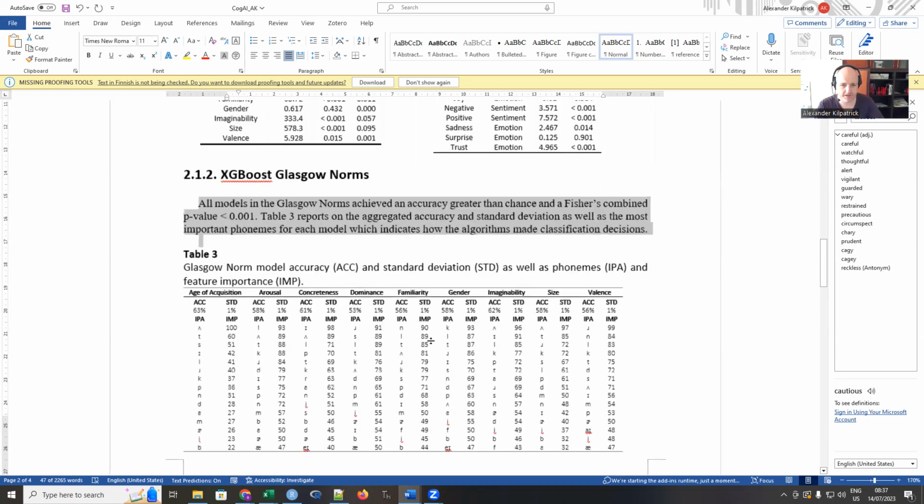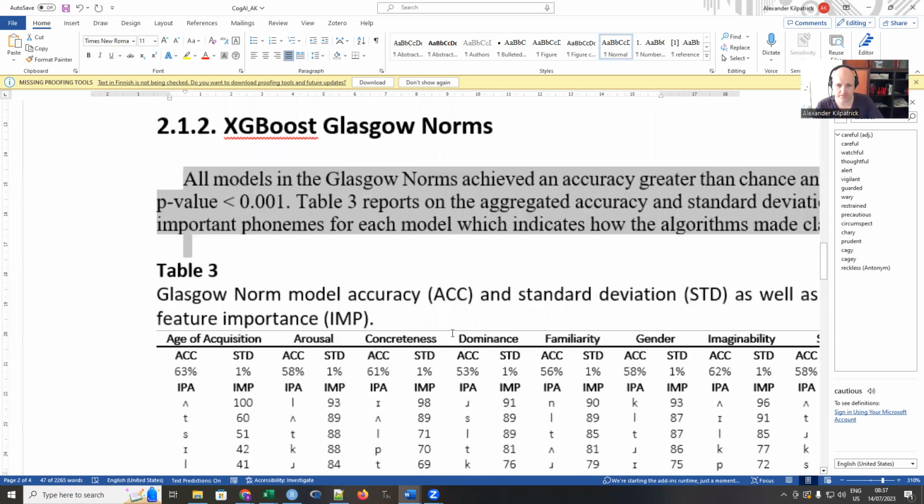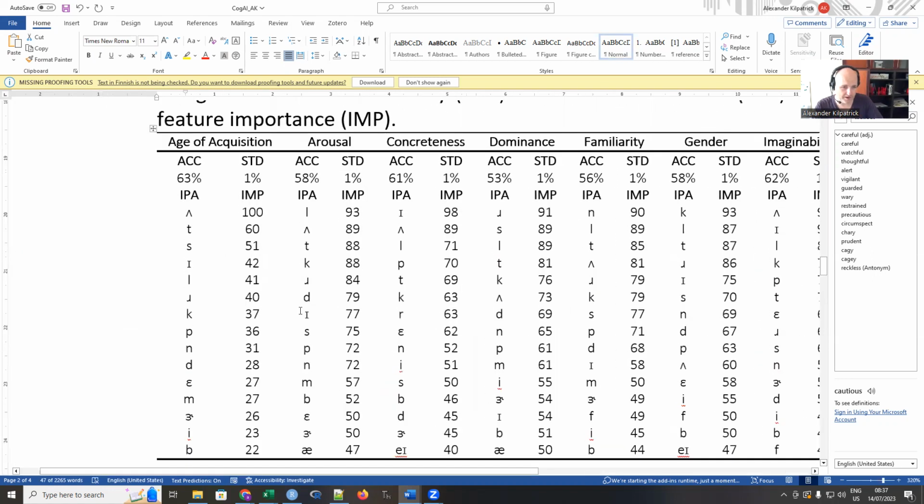If we zoom in on this table, because obviously I had to make it incredibly small to get everything on the page, you can take a look at the IPA of the features and the importance score of the features, but obviously there's no directionality here.